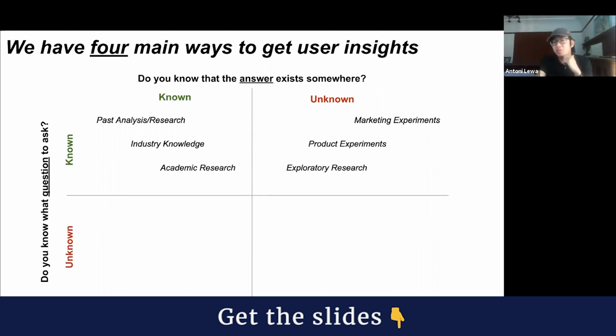And the next thing is a little bit more tricky, because maybe at some point you don't even know what question you might ask, but it is something that you know the answer to. That's probably more of what I call tacit knowledge or intuition, because especially as you become an expert in your own field, in your own product or your own user, you might just know certain things without even thinking that you know that information.